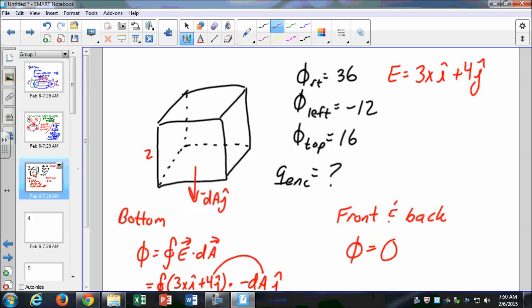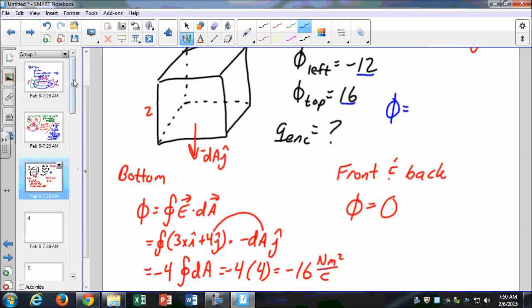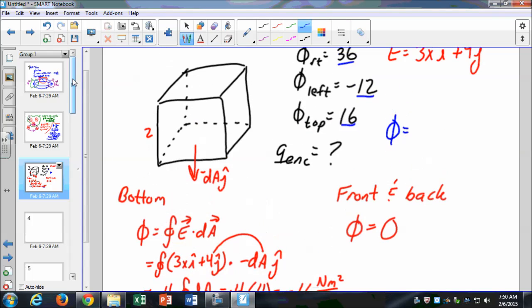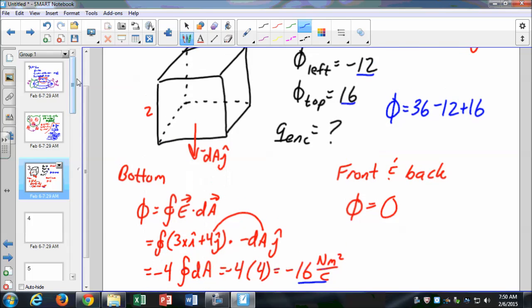So we can add up our total flux. Let's see, we have 36, 12, 16, negative 16. That's it, right? And then 0 and 0. So we just say 36 minus 12 plus 16 minus 16 plus 0 plus 0, and that's equal to, let's cancel, right, positive 24 Newton meter squared per coulomb.